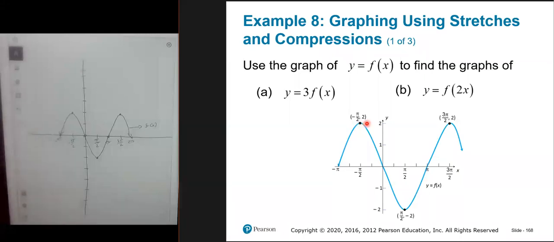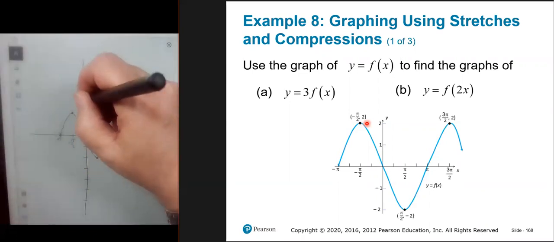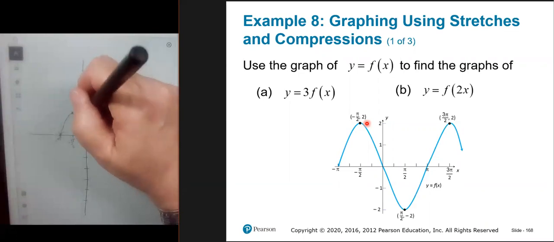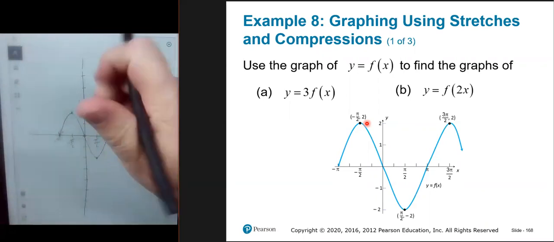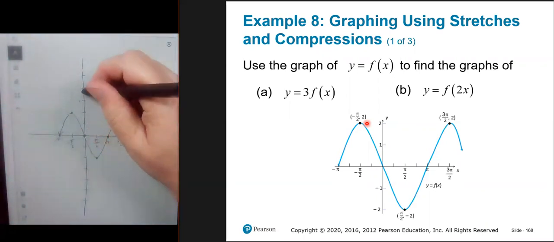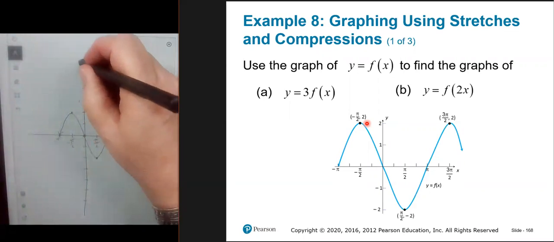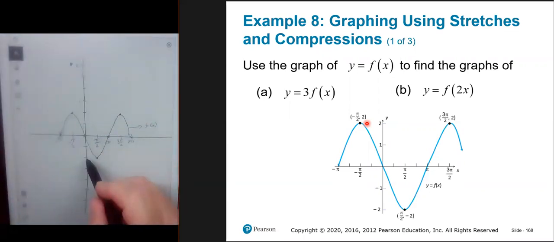So I'm going to multiply the 2 by 3. So that's going to go up to 6. Oops, 1, 2, 3, 4, 5, and 6 up here. So that's 6, and that's negative 6.